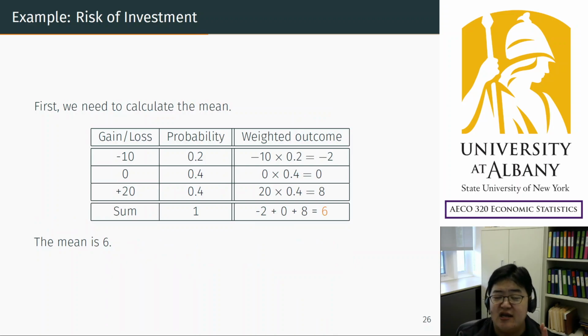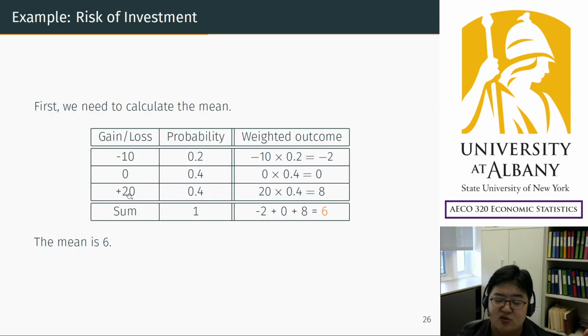First, we need to calculate the mean. We need to define where the center is, right? And it is not a problem. Remember, when calculating the mean with a probability distribution, you have to calculate the probability weighted outcomes first. So multiply minus 10 by 0.2, which is minus 2, and multiply 0 by 0.4, which is 0.